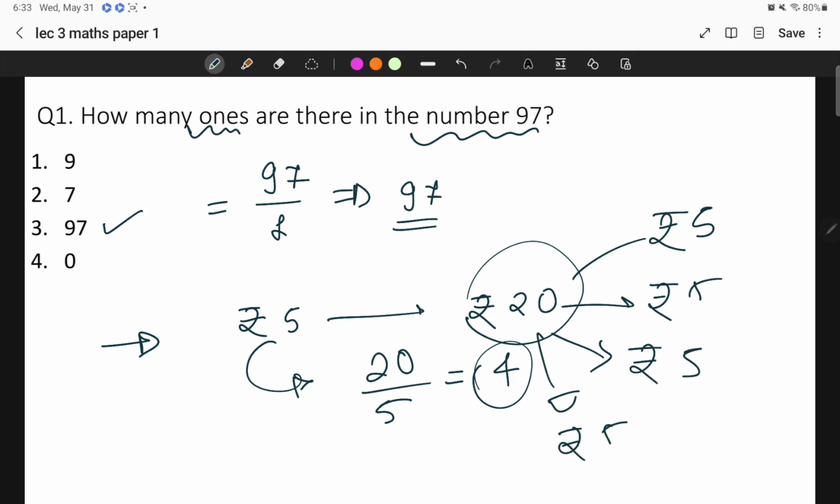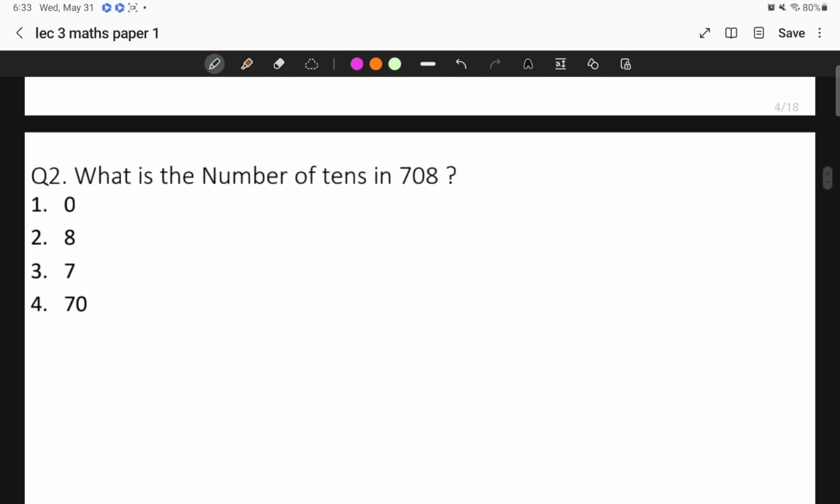Similarly, how many ones are there in 97, so we will divide it by 1. Got it? In this way we have calculated the answer.